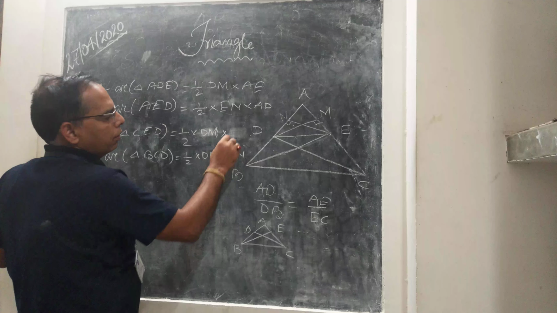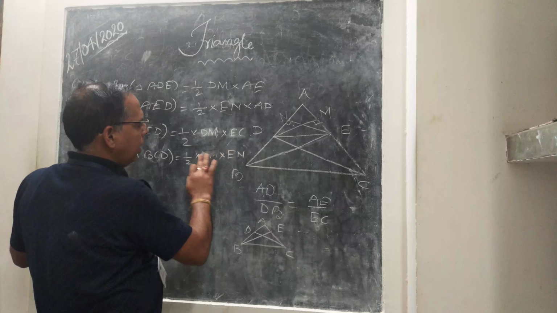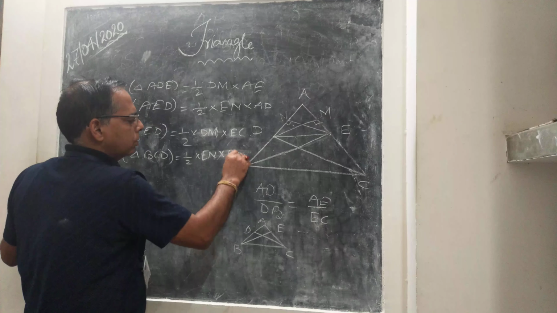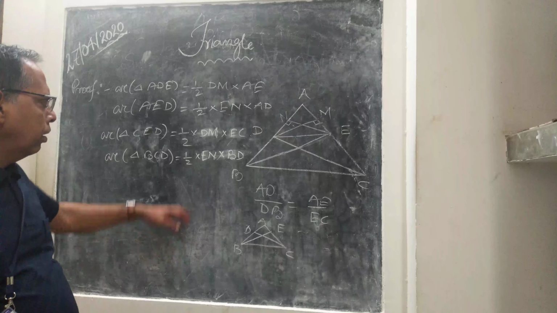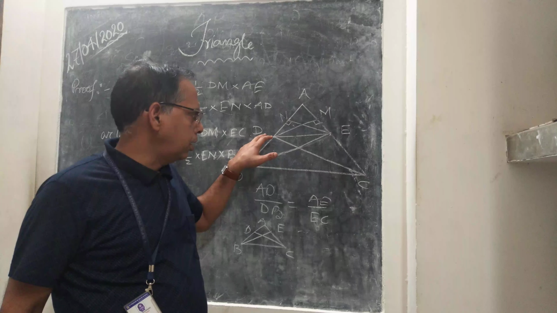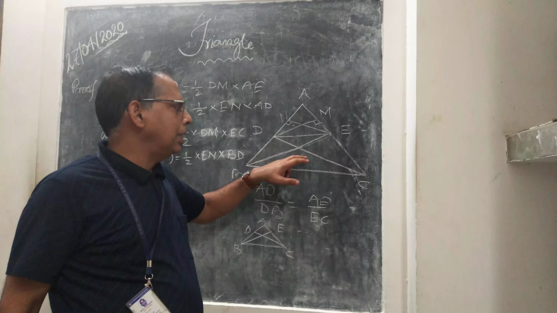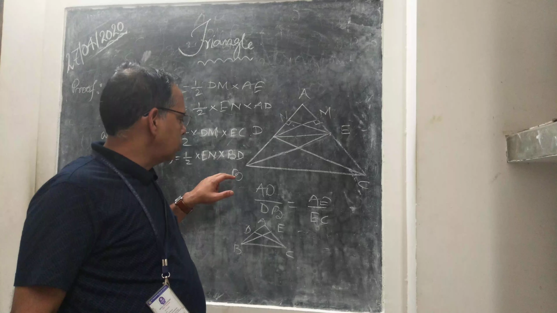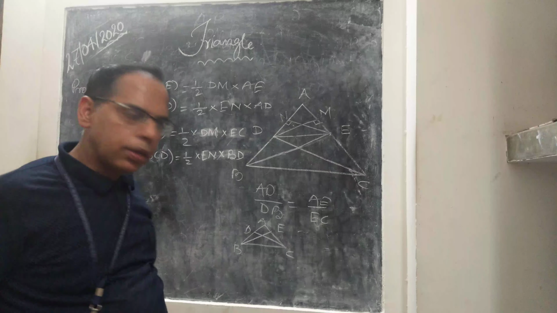So DM, then EC, then EN into BD. Okay, just a minor correction, so please don't mind. If you are considering the triangle CED, then the altitude is supposed to come from here, so it will be DM. Similarly, if you are considering triangle BDE, the altitude is supposed to come from the vertex. So that's the reason.